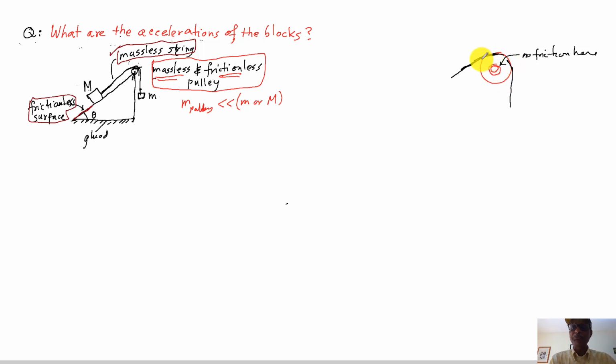Between the string and the outside part of the pulley, the wheel of the pulley, there is friction.